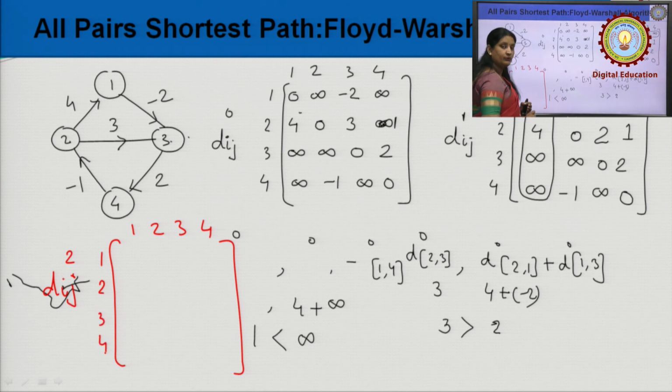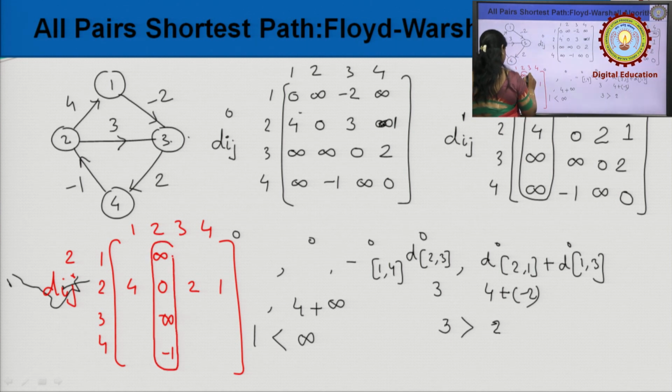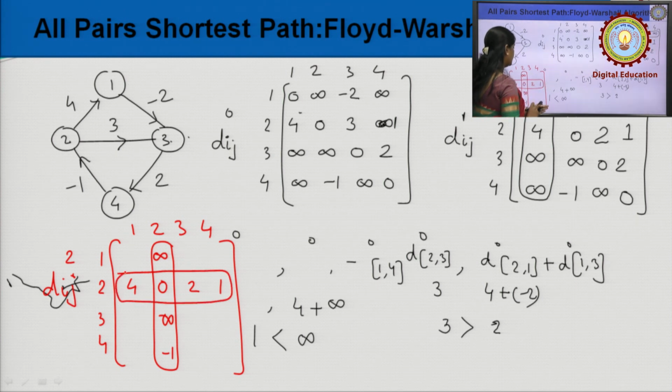Now, for vertex 2, the edges are the same, so copy the second row and second column: infinity, 0, infinity, minus 1, 4, 0, 2, 1. And all the diagonal elements are 0.